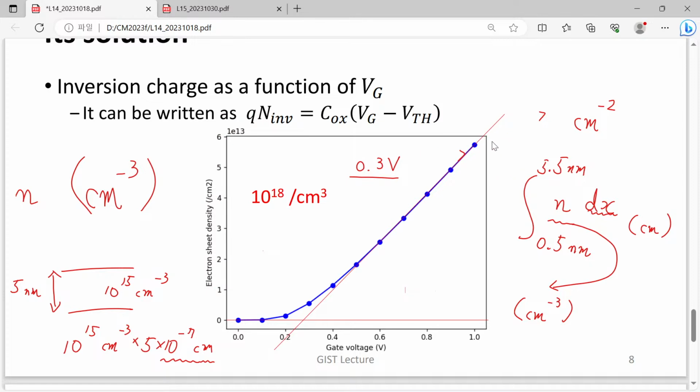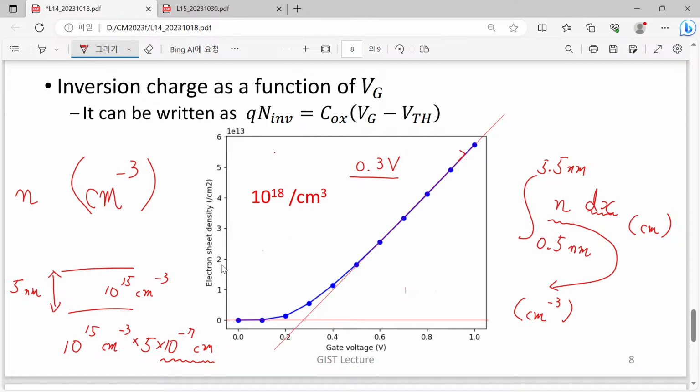So once again, how can you prepare this electron sheet density? As a solution of your nonlinear Poisson equation, you will get the electron density everywhere inside your system.